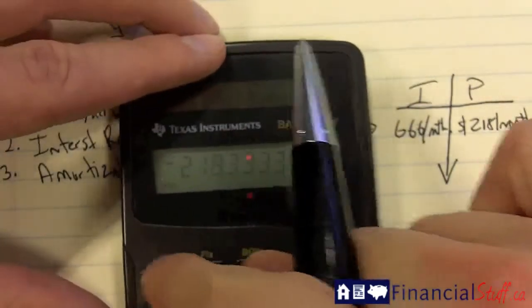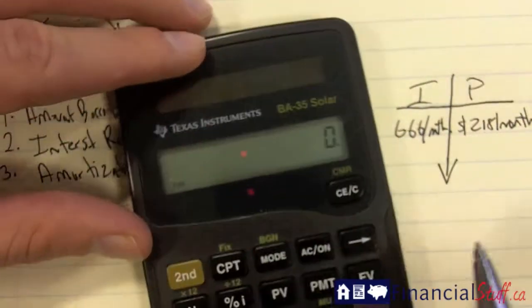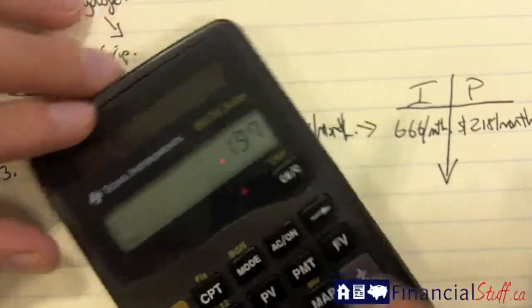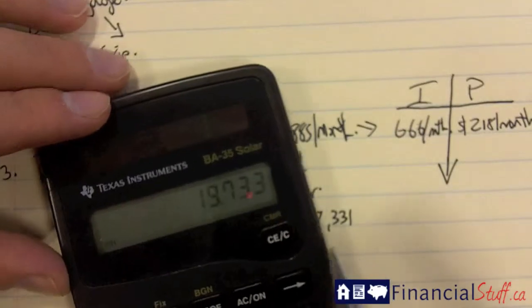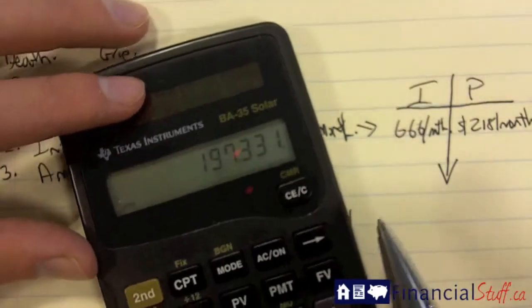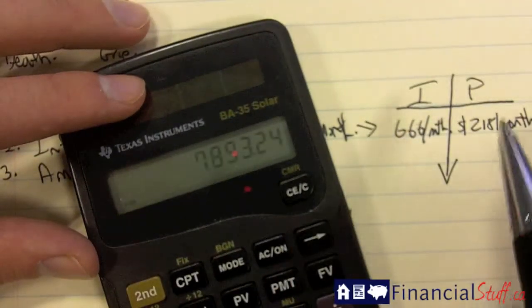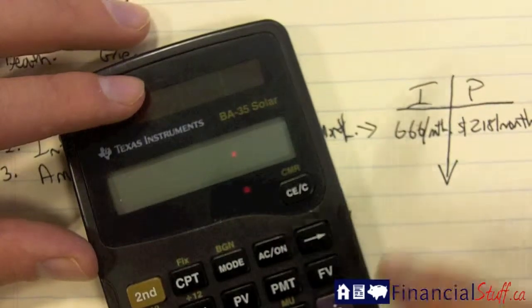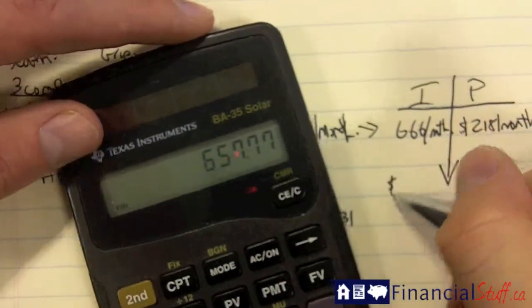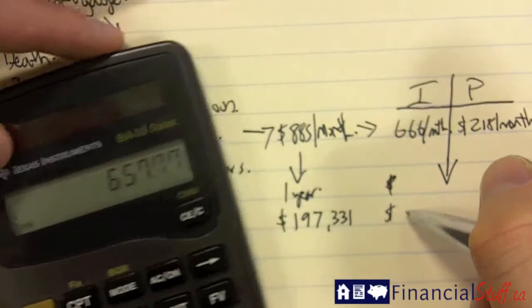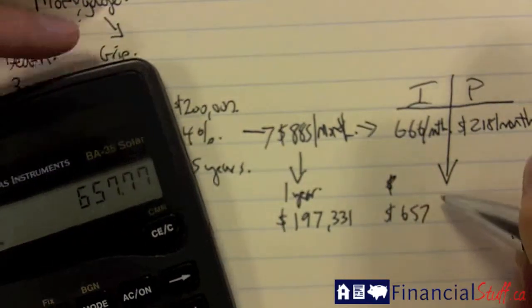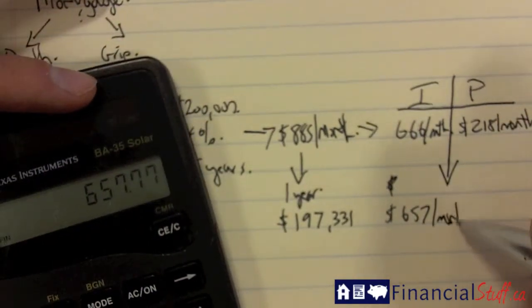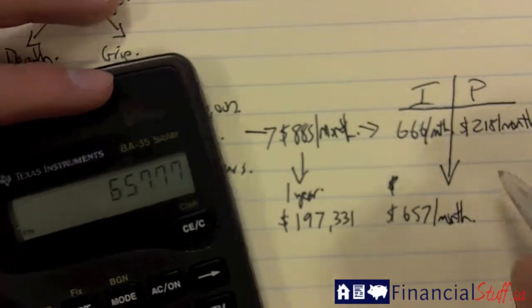So again, at 4%, let's determine how much is going to interest. Times 0.04 divided by 12. $657 a month, or $9 less.